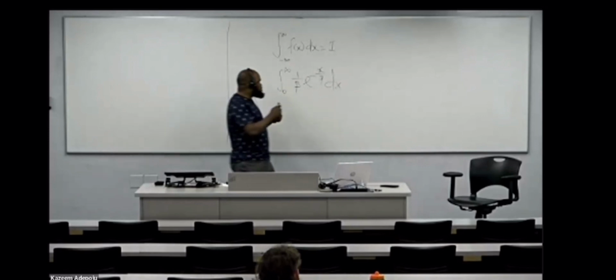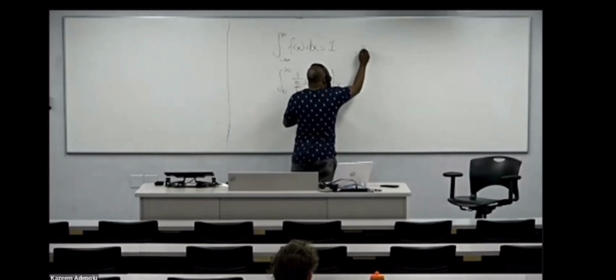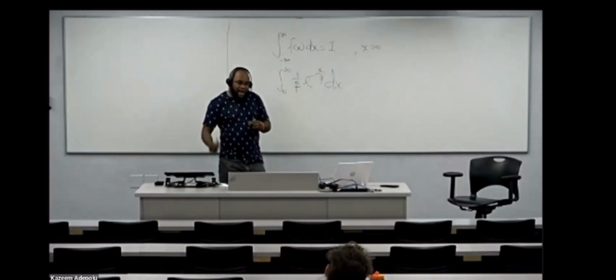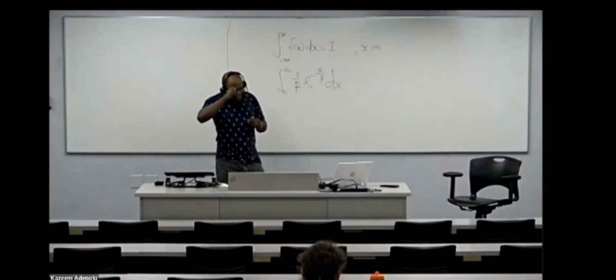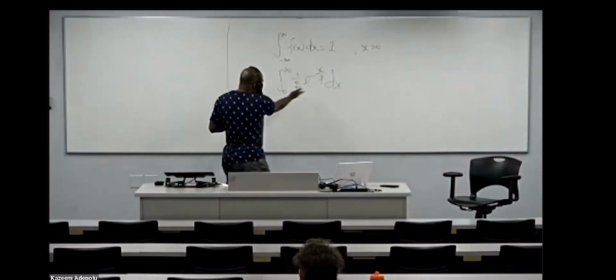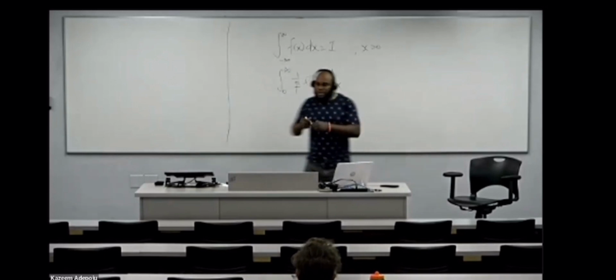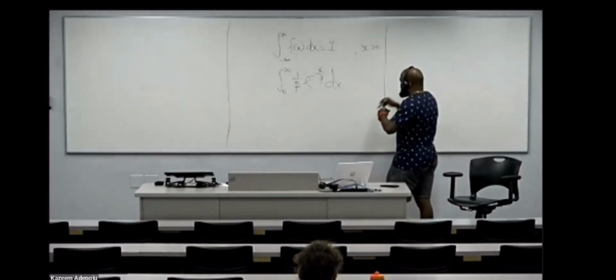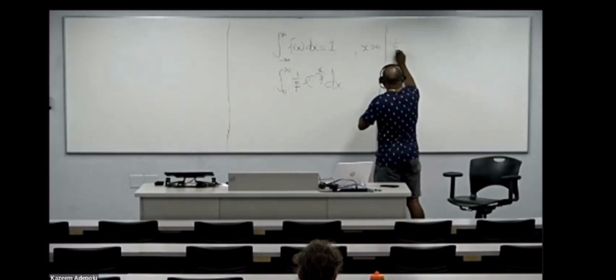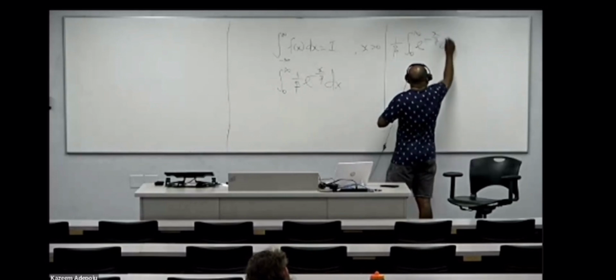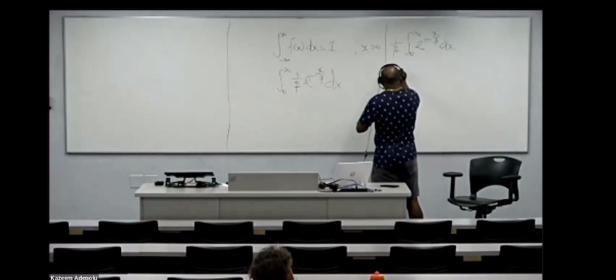Because when we write that, it is x greater than 0, if you look at the way I specified that. Now, if I want to show that this integrates to 1, 1 over beta is a constant, 0 to infinity, exponential raised to the power this, dx. Okay, so 1 over beta.